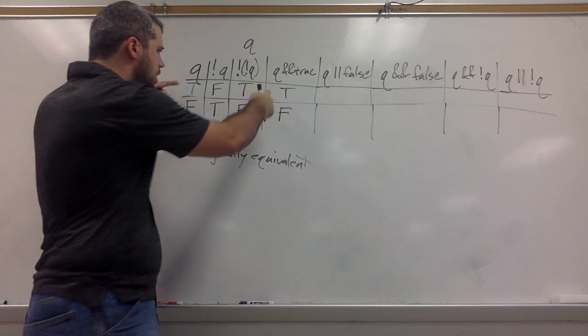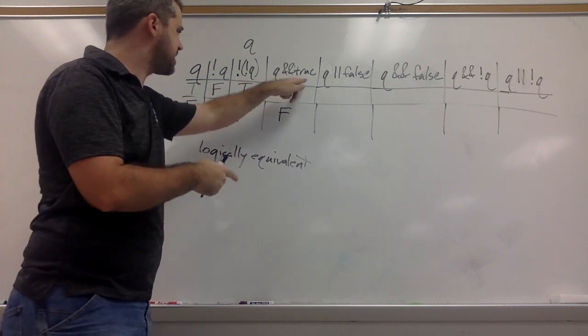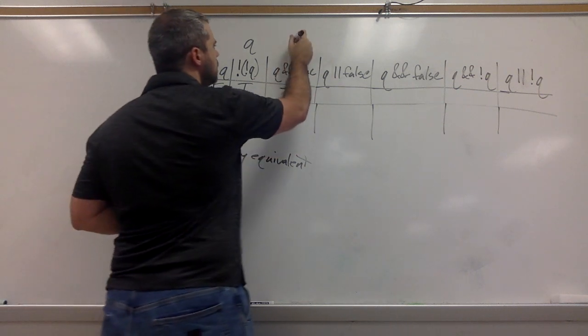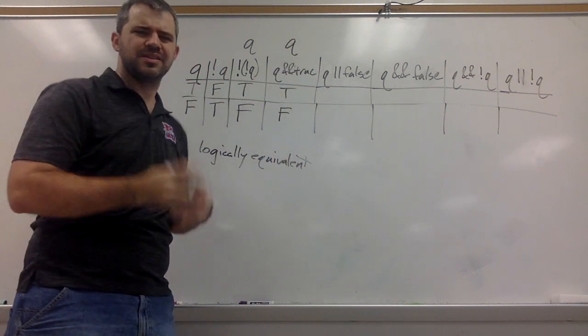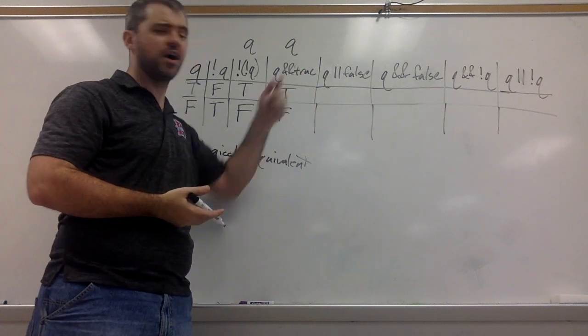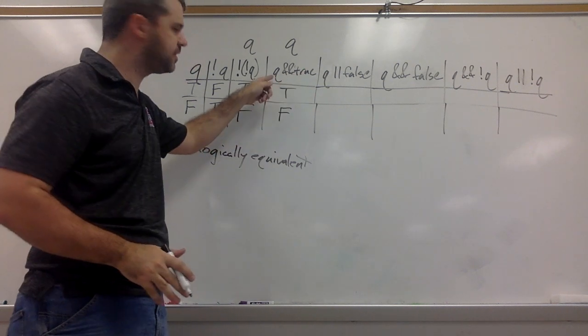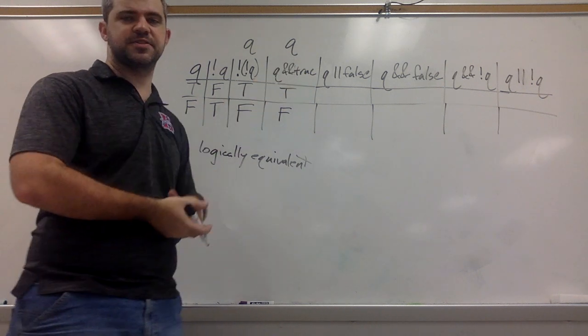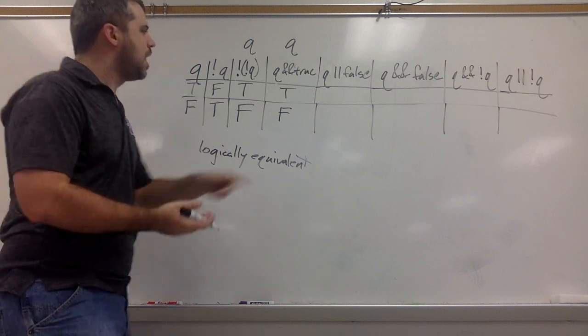Okay, you'll notice this statement is logically equivalent to Q. Well, let's think about that. Well, that's because we need both of these to be true, and this one's already true, so everything's dependent on this guy. So Q and true is just the same as Q.